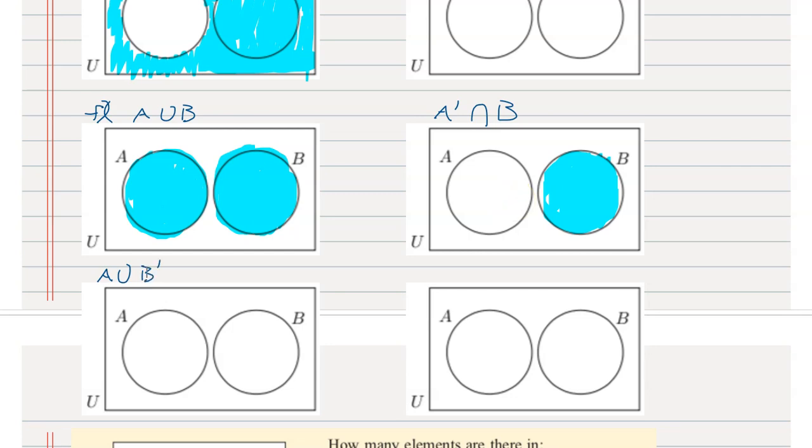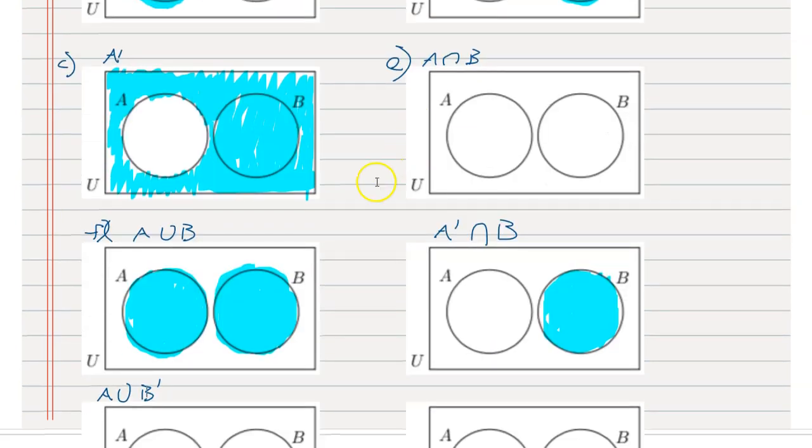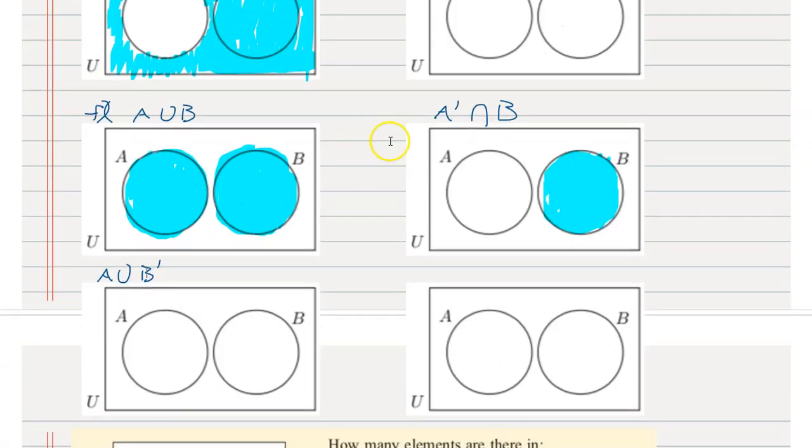Now you've probably already guessed we're looking at the area covered by A, which is this one here. And the area covered by the complement of B is, I didn't draw that here, but it's the opposite of this one. Rather than A being unshaded, B is unshaded.